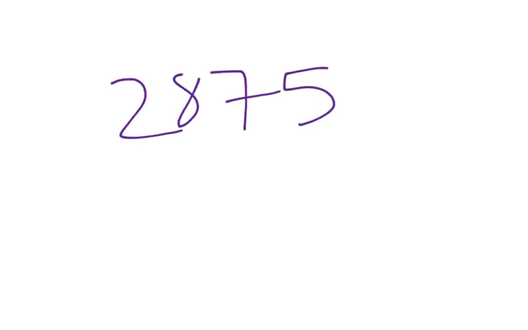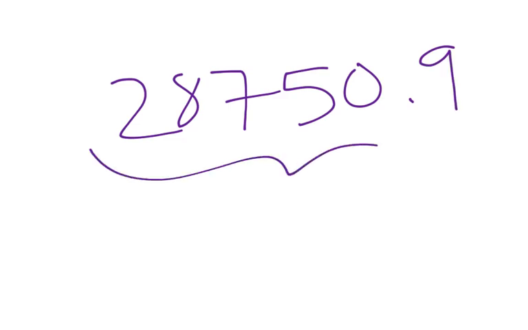The next example I've given you is a number that's 28750.9. And you can see that this number is obviously greater than 1. That means that our exponent is going to be positive. Now, in order to make this a number between 1 and 10, we need to move the decimal right there.